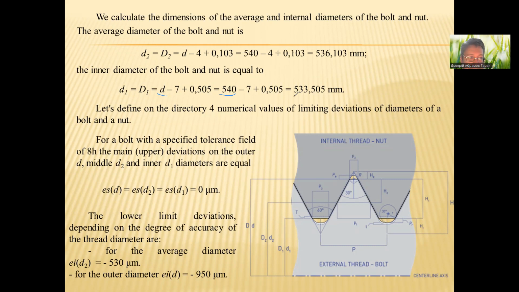Next step. Let's define from the directory the numerical values of limiting deviations of diameters of a bolt and nut. For a bolt with the specific tolerance field of 8H, the main upper deviation on the outer D, middle D2 and inner D1 diameters is equal to 0.